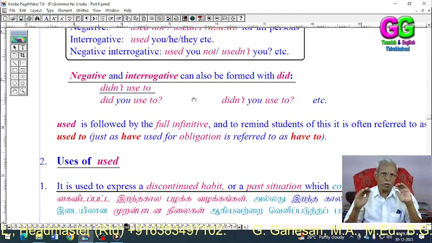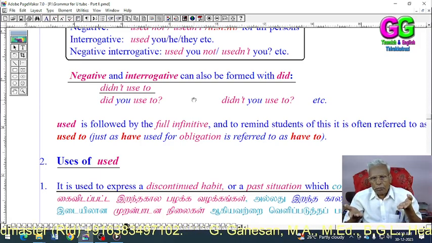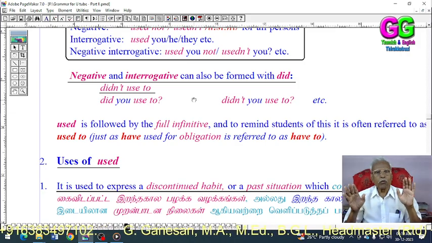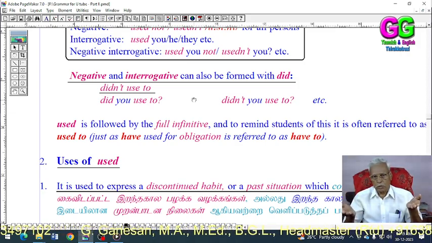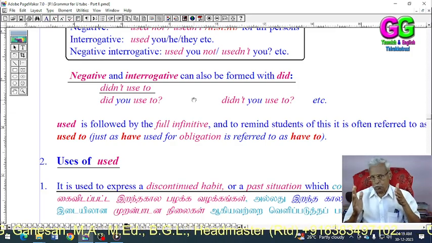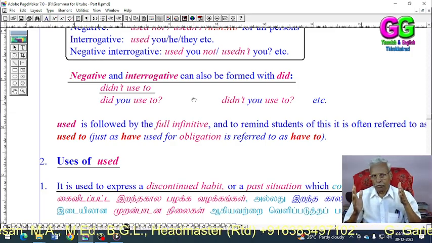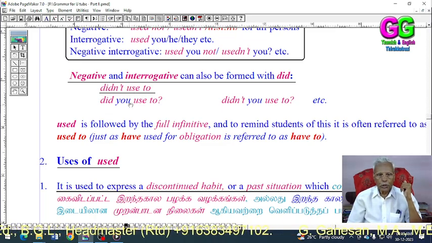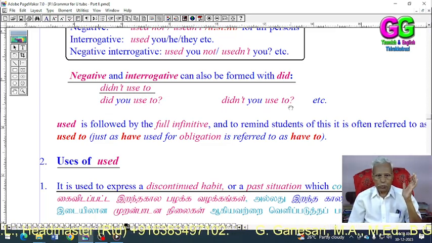But we are going to see where we can use this conjugation, the do/did form with used. Did you used to? Didn't you used to?